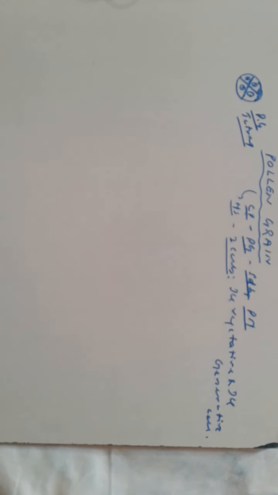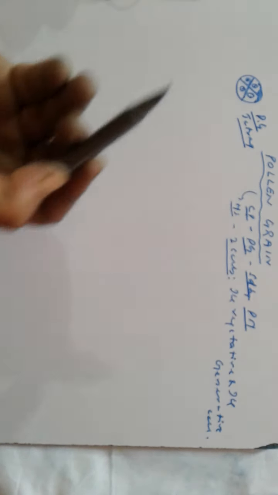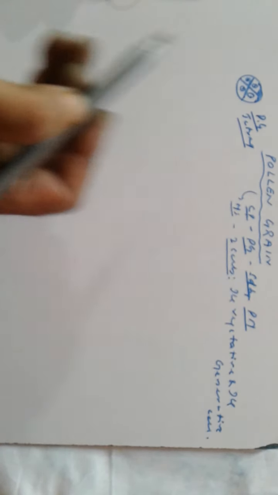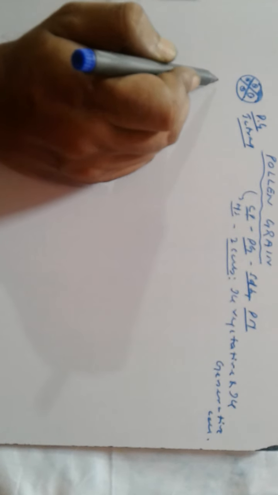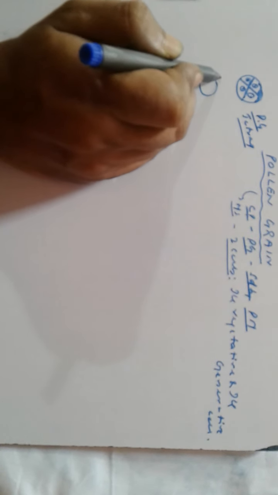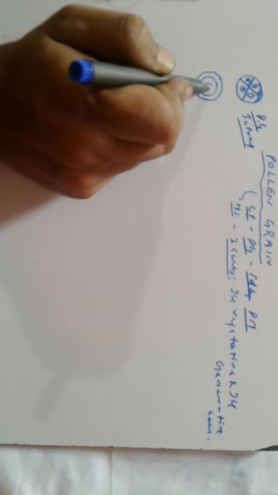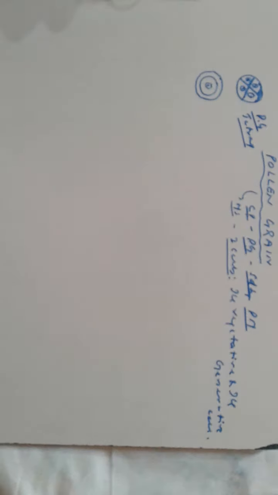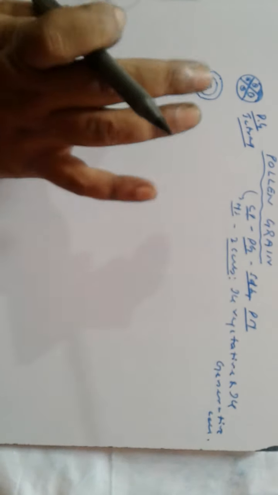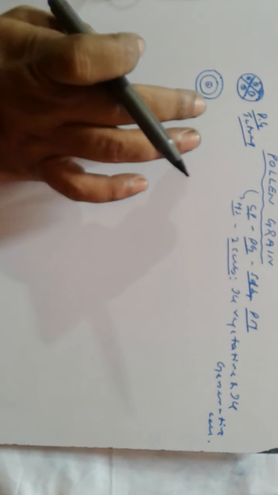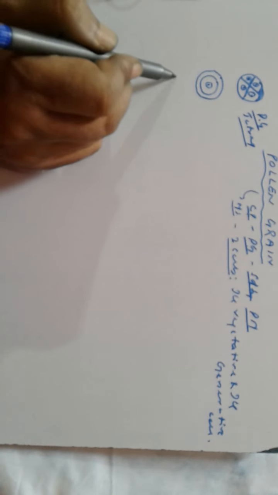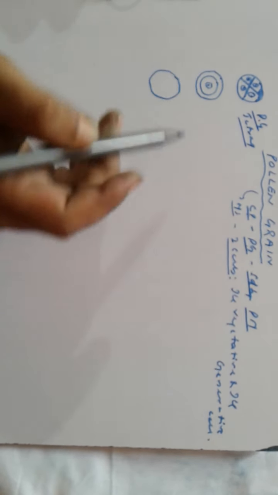We had discussed that in the previous video also. So how does it take place, and in how many stages? We can understand this with the help of some figures. Microspore. Let us draw it bigger.